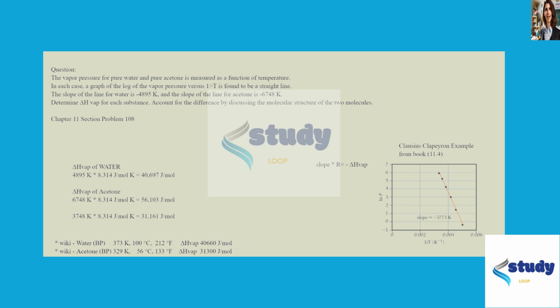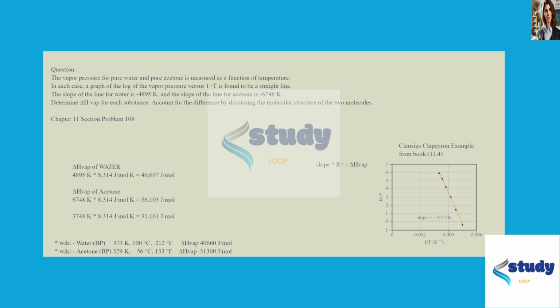Water necessarily is going to require more energy to go from liquid to gas phase, because it has a much stronger intermolecular force of attraction: water can hydrogen bond and acetone can't. So it's a huge red flag that they calculated a higher value for acetone than for water, because it just doesn't make sense.